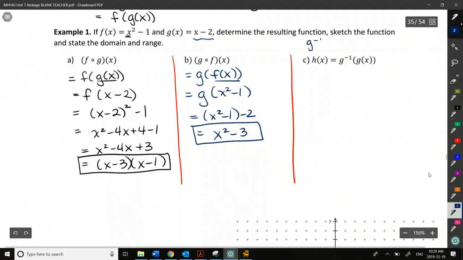So g inverse of x in this case is just x plus 2. So in g inverse, I want to plug in x minus 2 for the x there. And the result here is that we get x.